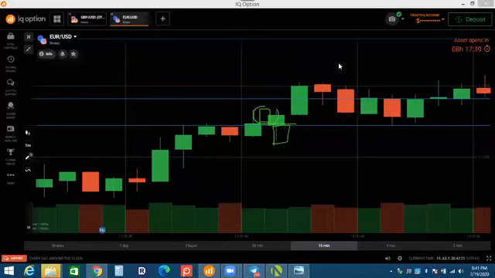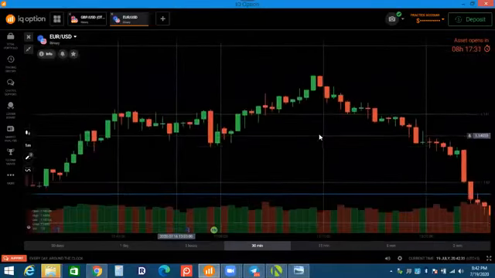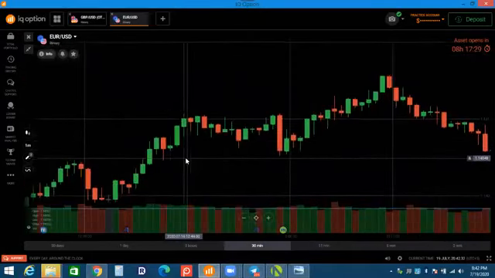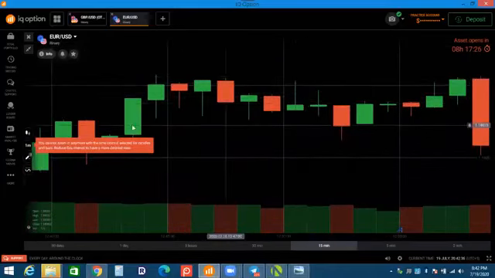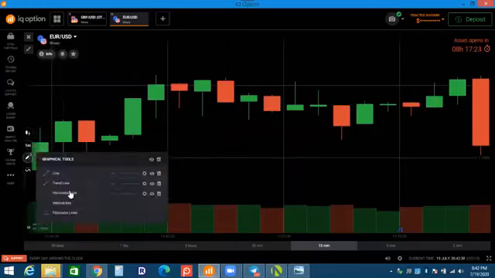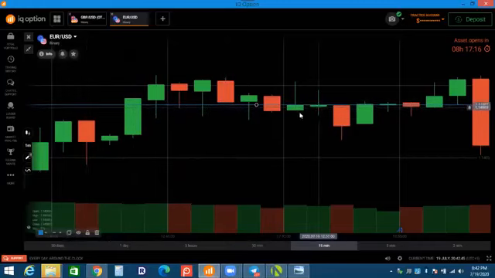But they have two choices: change the entry point or jump up. Here, the inverted hammer: there is no support or resistance on the closing price. No, go with the buyer.